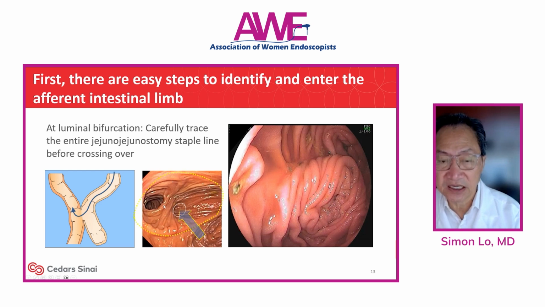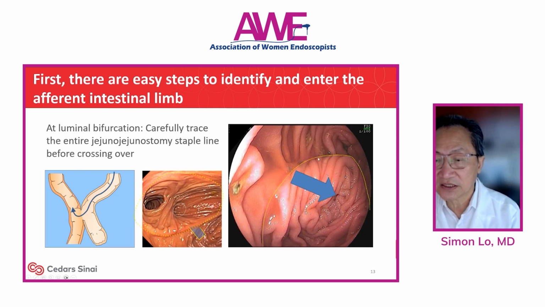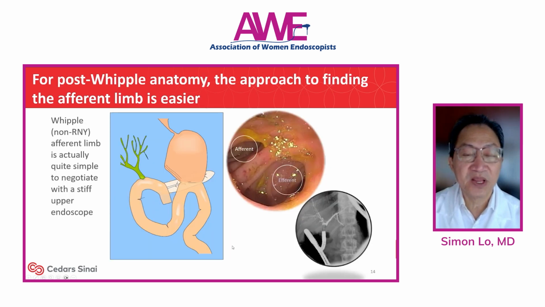You can see, like in this case, once you trace the full circumference of the staple line, you need to go across the staple line, and usually you go to the lumen closest to the staple line, or if you have 3 lumens in series, you usually have to pick the middle lumen, which is usually the afferent limb. In this case, it's similar, but a little bit harder to see the staple line, but it's the same idea.